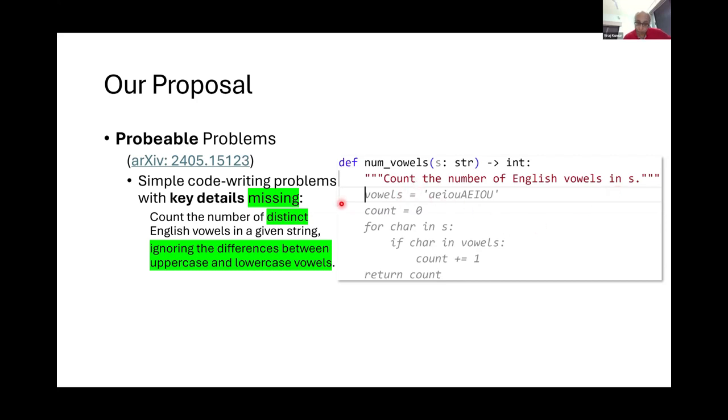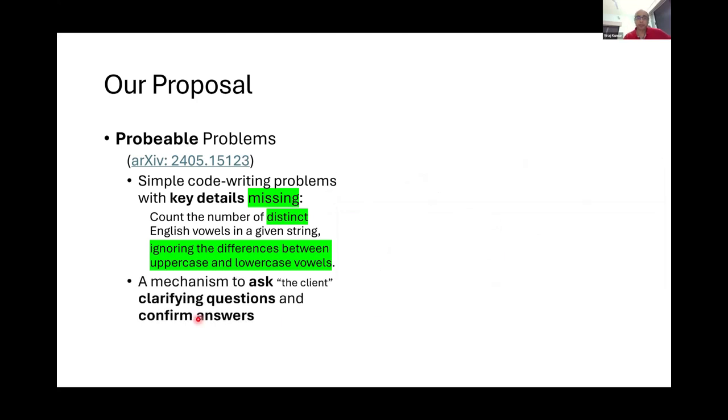And if you give a statement like that, you could mean something different, and your AI may not know that, right? Now, of course, that's not enough. You must also provide the student a mechanism to ask this client some clarifying questions, and finally to confirm whether they have found the right answer, right?